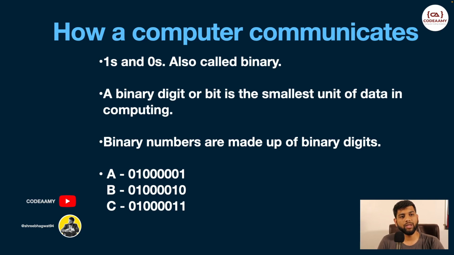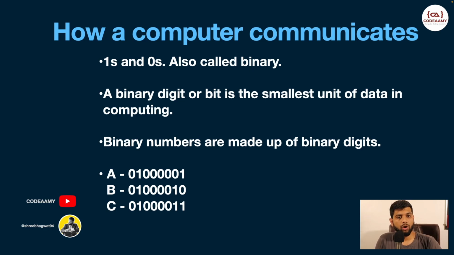Everything that a computer interacts with, it first has to convert into 1 and 0. That is called compilation. So a computer compiles whatever it sees on the screen or whatever interaction we do with the computer into 1 and 0. And it is called binary, because there are only two digits, 1 and 0.